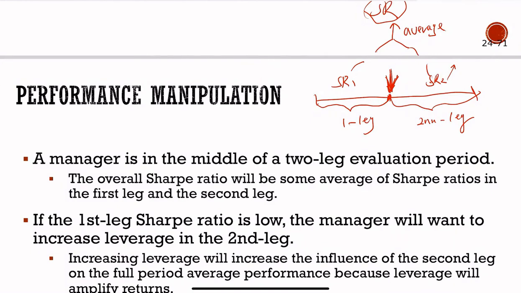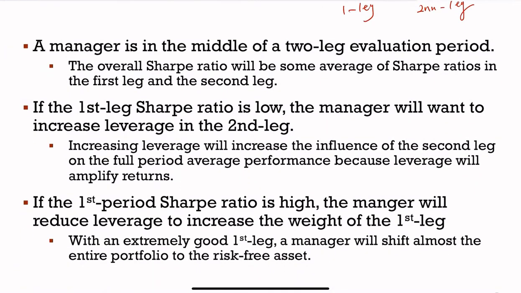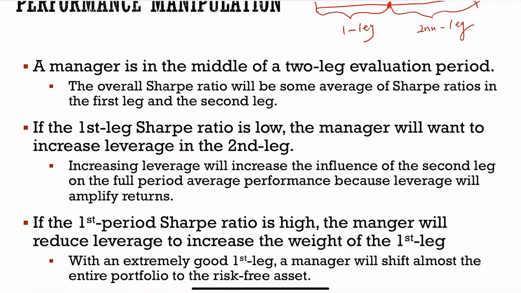And if the manager gets lucky in the second period, then the second period Sharpe ratio will be high. And because higher leverage increases the weight of the second leg Sharpe ratio, this will increase the overall Sharpe ratio measure.